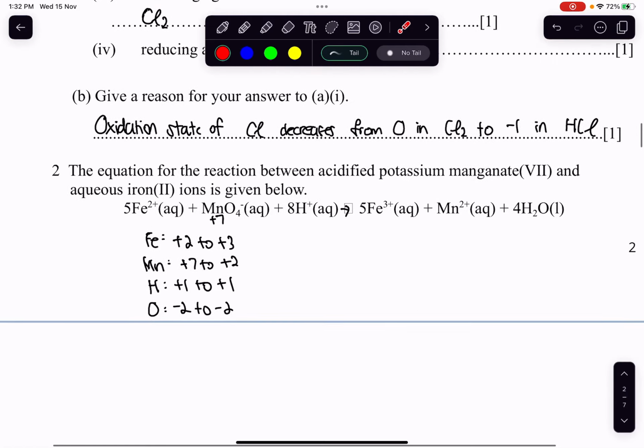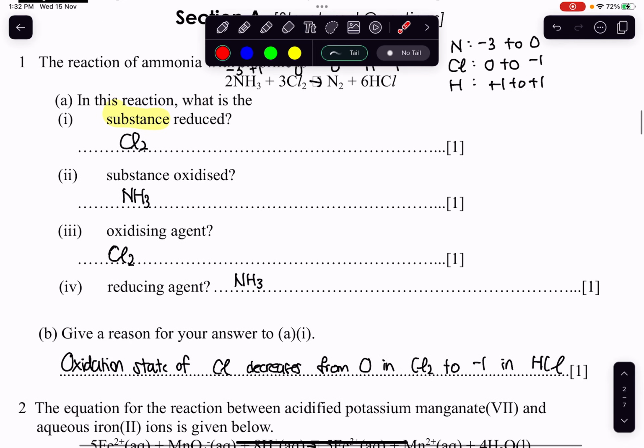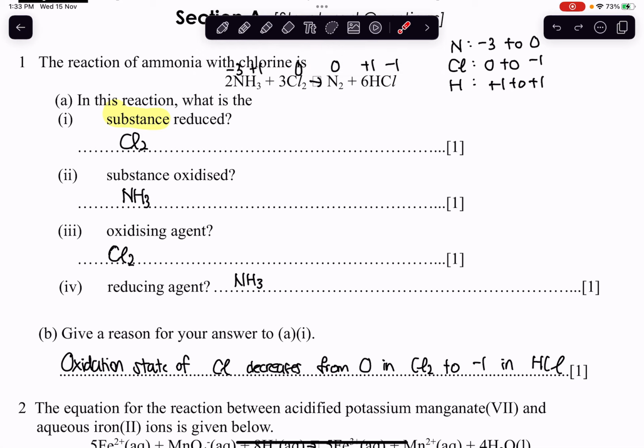Part B, give a reason for your answer to A part 1, which is why chlorine is reduced. You just need to tell me the oxidation state of Cl decreases from 0 in Cl2 to -1 in HCl. Remember for OS you must say the original oxidation state in whichever substance to the final oxidation state in the other substance.